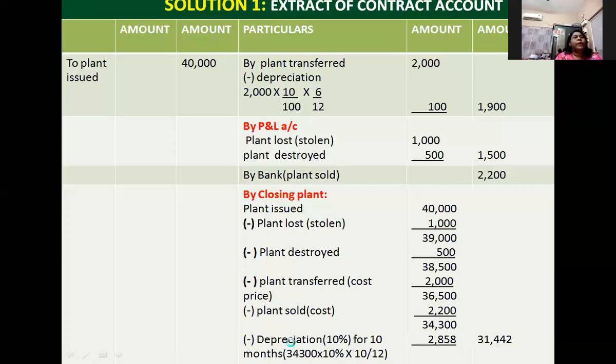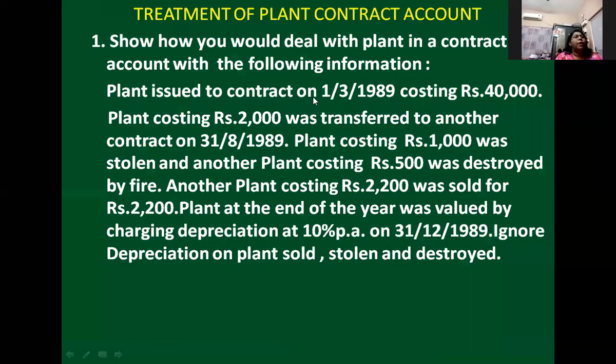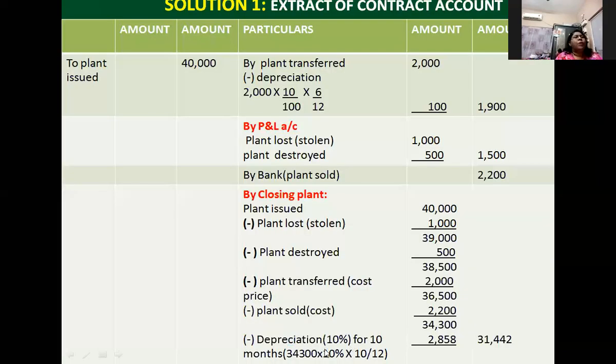Why is it for 10 months? Just look at the problem. The contract started on 1st March, but the contract ended on 31/12 itself. So how many months? Only 10 months. So 34,300 is the value of the closing plant.